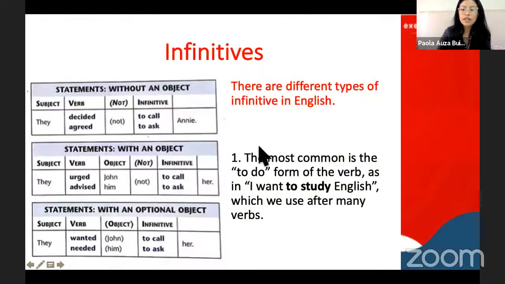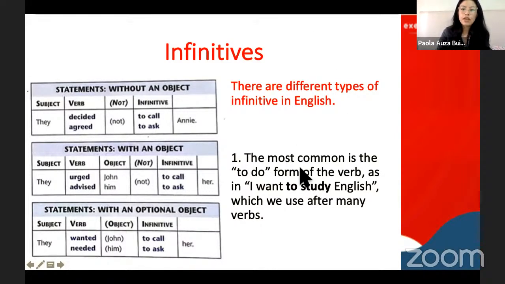Okay, so let's see the other one, which is very close to gerunds, which is called infinitives. Infinitives and gerunds usually get confused because their use is similar. However, in infinitives we use to. You might remember the use of to before the verb.